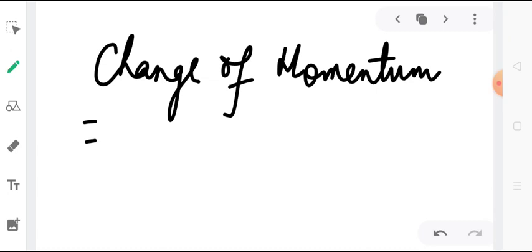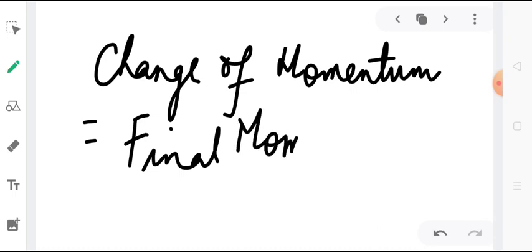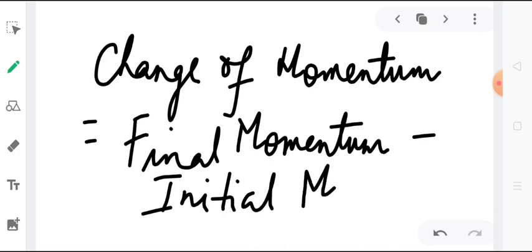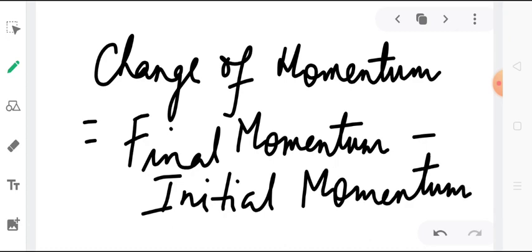Change of momentum is actually final momentum minus initial momentum.